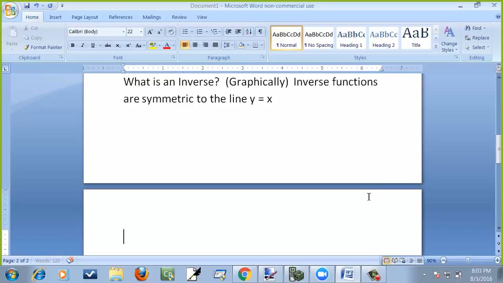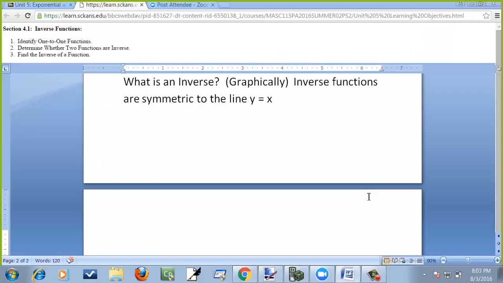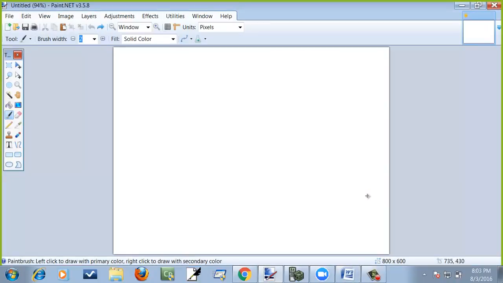What does that mean? Right here is the line y is equal to x.